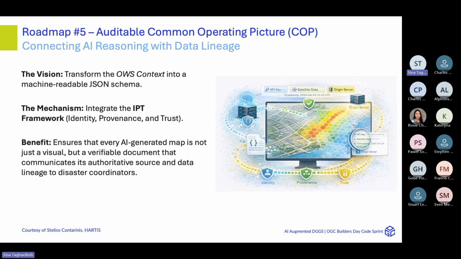So integrate the ideas of this IPT framework, provenance and trust, which is integrity, not identity here. I copied this from Stelius, I have to fix that. The benefit is that it ensures that every AI generated map is not just a visual, but a verifiable document that communicates its authoritative sources and data lineage to disaster coordinators.